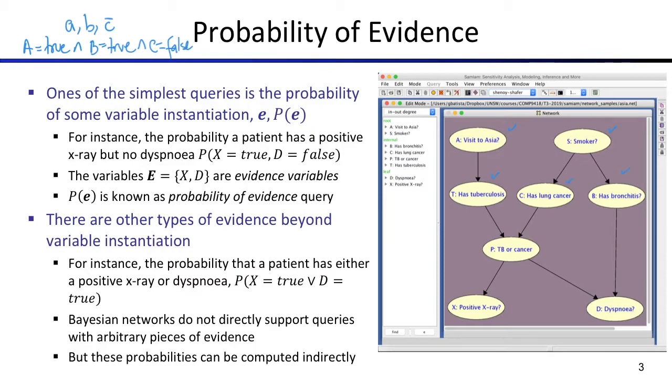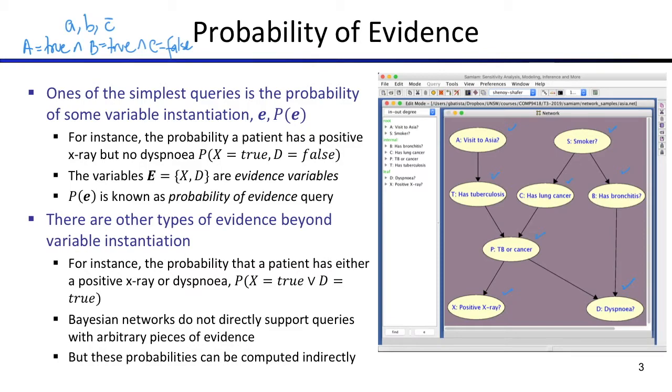And we have this intermediate node here that means tuberculosis or cancer. That is a deterministic node that takes information from the nodes T and C. And on the bottom here, we have a positive X-ray associated with TB or cancer. And on the bottom here, we have dyspnea, that is the difficulty of breathing.